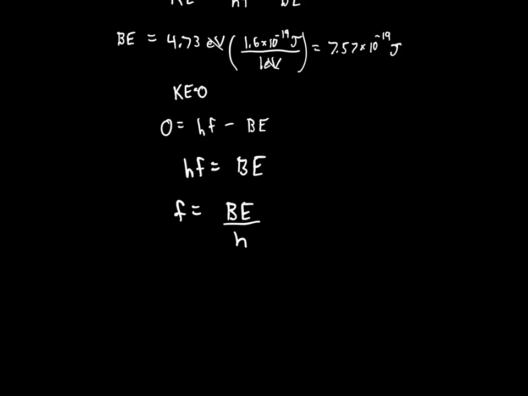I have a frequency there. How do I find wavelength from frequency? C over lambda. Yeah, F is C over lambda. So I have C over lambda equals binding energy over H.